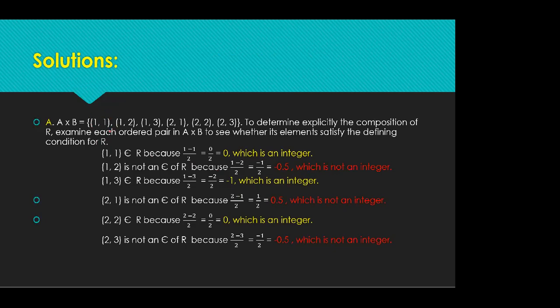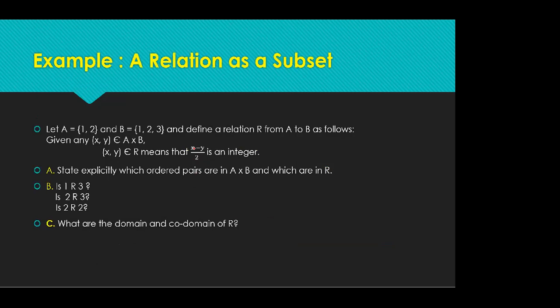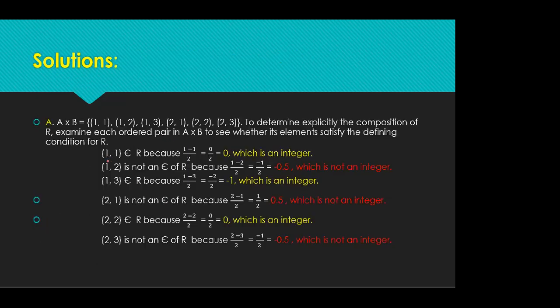The first ordered pair here is 1 and 1. Is 1 and 1 an element of R? Because 1 minus 1 all over 2. You see here, guys, X minus Y over 2. Our first X here is this one, and our Y here is this one, right? X and Y.